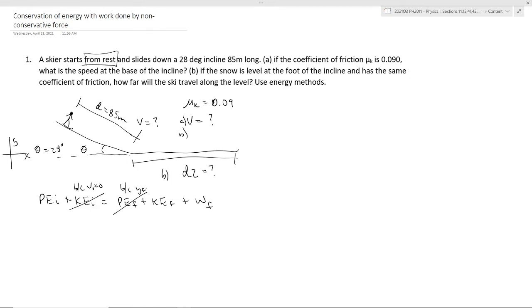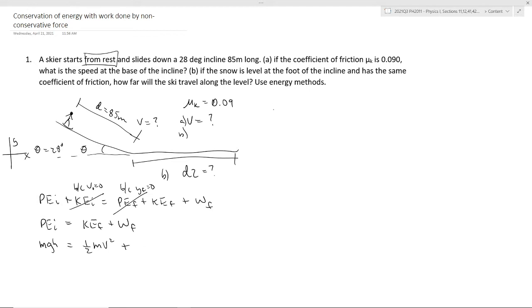So we're left with an expression that says the initial potential energy has to equal the final kinetic energy, at the base of the hill, plus the work that's been done by friction. Normally we think of potential energy as mgh, and our kinetic energy as 1/2 mv final squared, and the work done by friction.